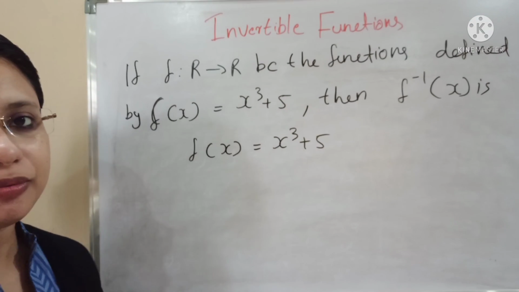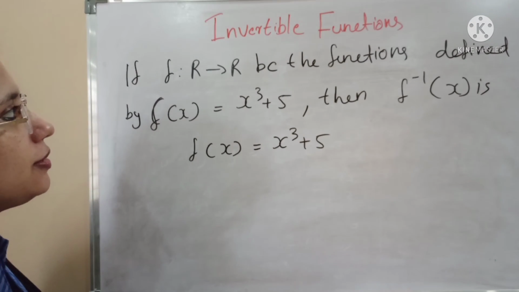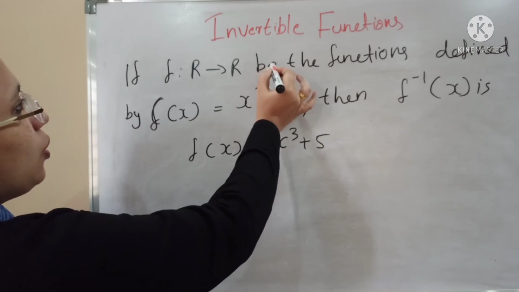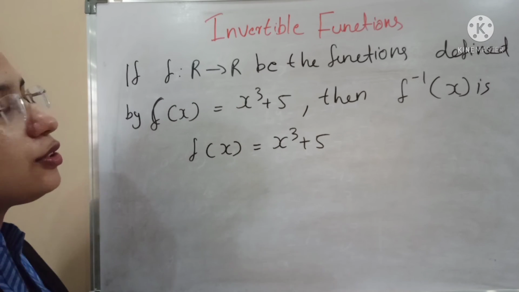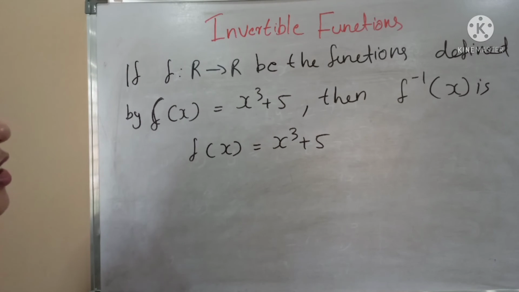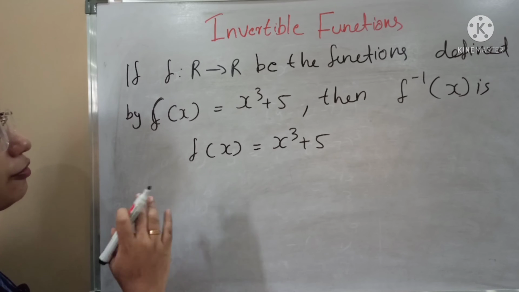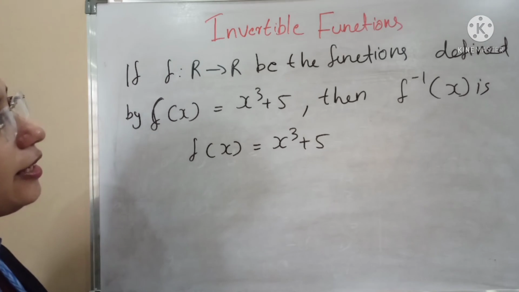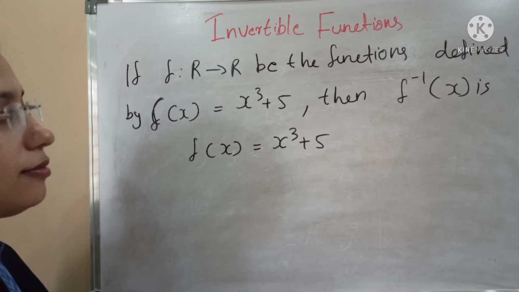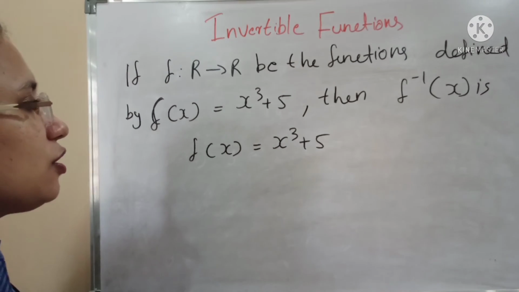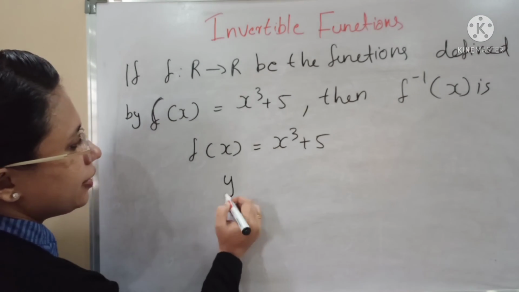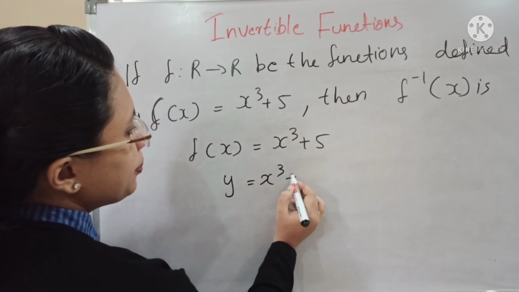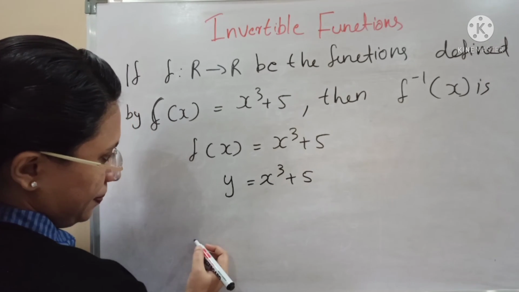Solve one more problem from invertible functions. So if f from R to R is the function defined by f of x equals x cube plus 5, then what is f inverse of x? Now you will be solving it easily. So y equals x cube plus 5.